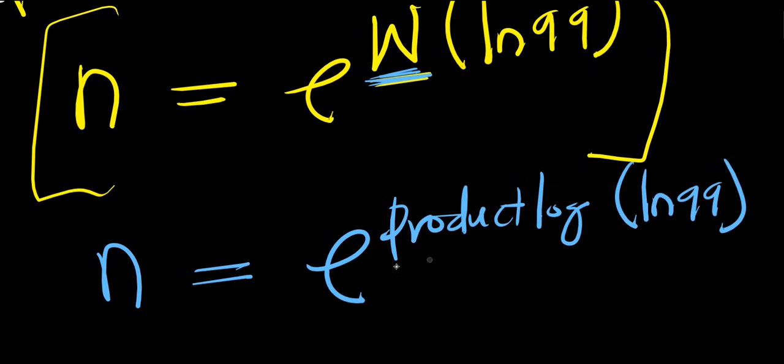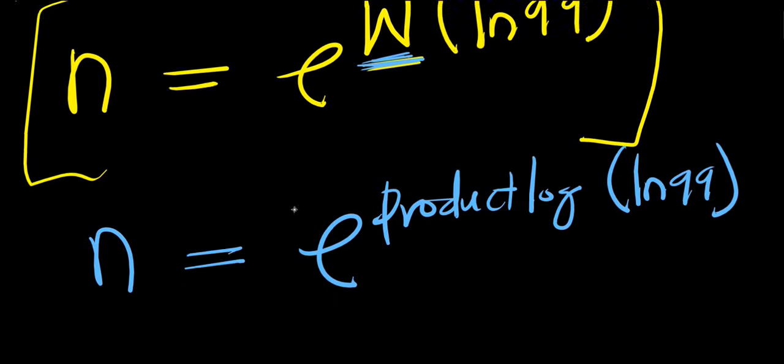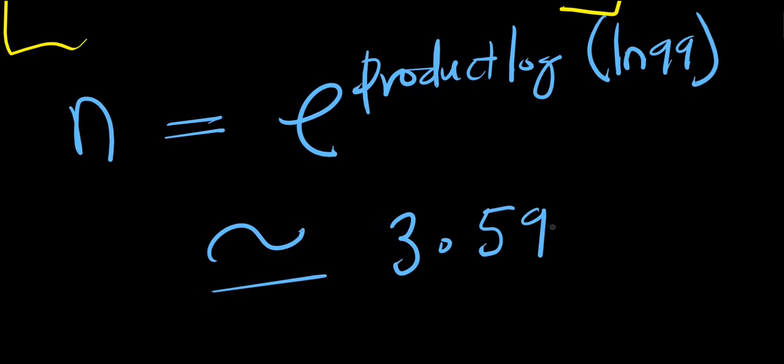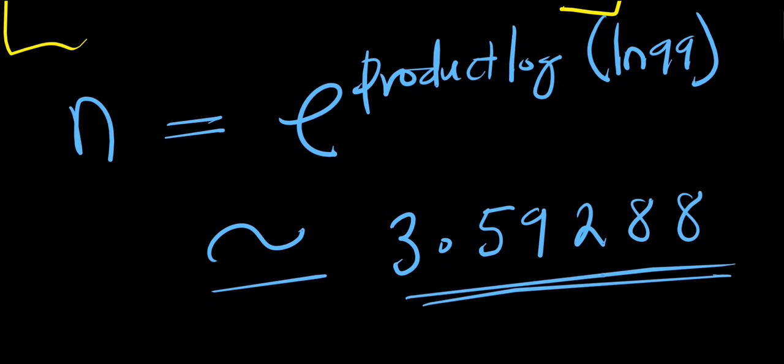So e raised to the power of the product logarithm of ln 99 will give you the approximate value of n. And that value is obviously approximately 3.59288. So this becomes our answer.